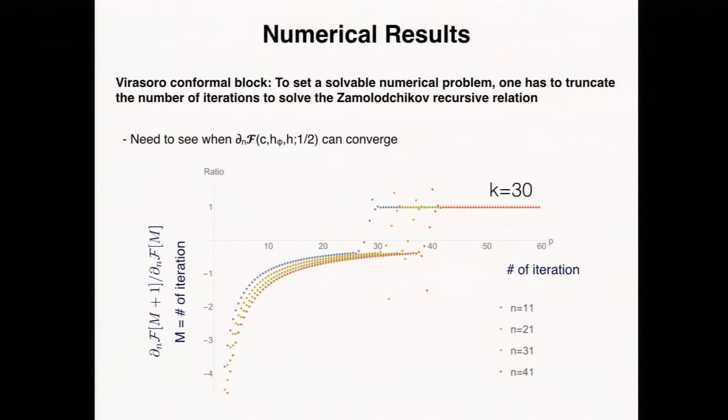If we look at the ratio of the derivative as we increase the number of iterations, it shouldn't change. So initially the derivative will fluctuate, but at the end the derivative shouldn't change. This shows that as we increase the iterations, the derivative remains 1. So this is the valid region where we have a good approximation to the derivatives of this difference of conformal blocks.